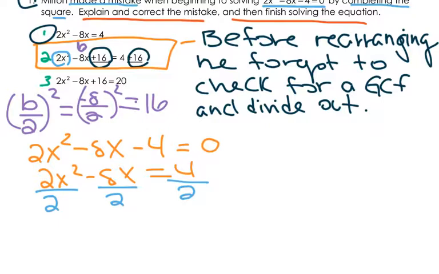And he would have had x squared minus 4x equals 2. And this is where he would take the b term, which is negative 4, divided by 2, which is negative 2, and square, which is positive 4, and add it to both sides.